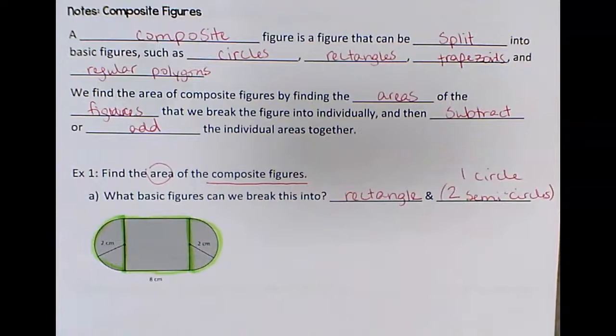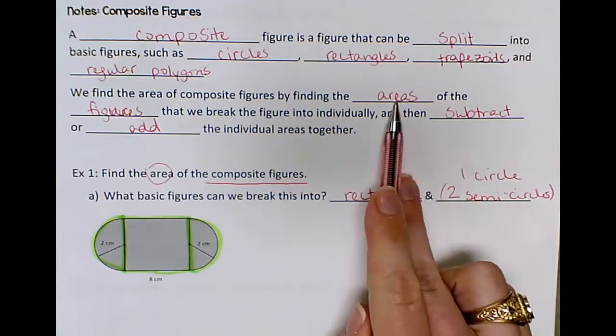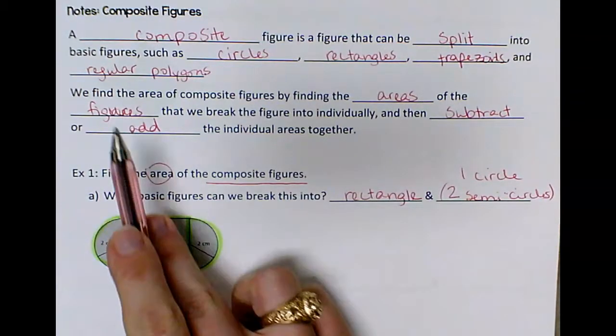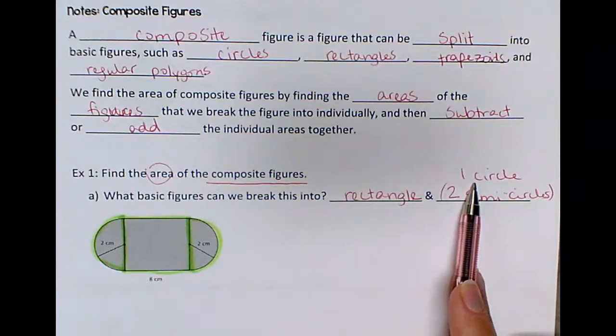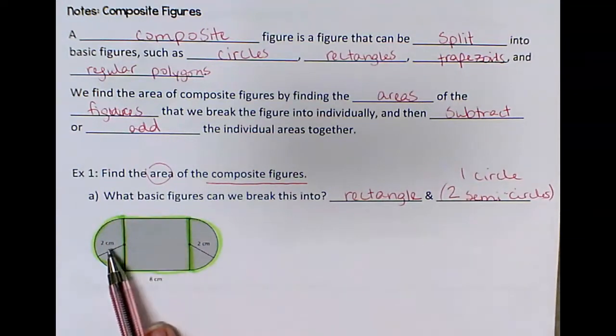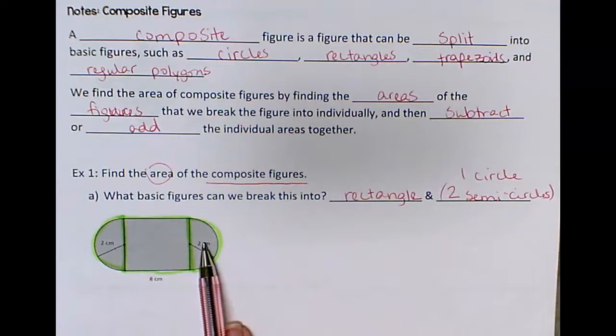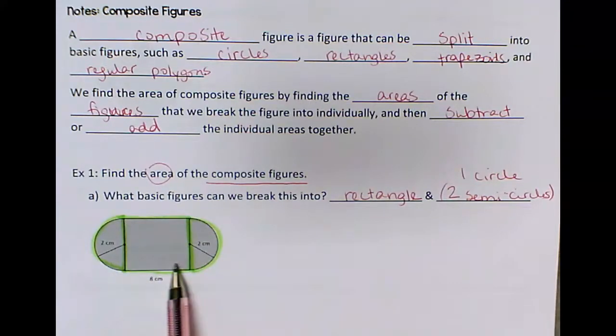So I'm going to find the areas of the figures that we broke it up into, so the rectangle and the circle, and then in this one, because the shaded area is everything, then I'm going to add the area of the rectangle and the area of the circle together to get the area of the composite figure.